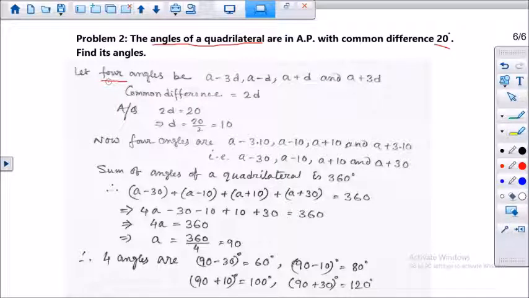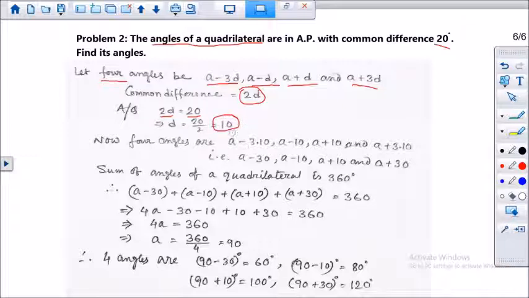If any 4 terms are in AP, we can take the terms in this form. We have taken the 4 angles as a minus 3d, a minus d, a plus d and a plus 3d. Here the common difference is 2d. So as per the question, we get 2d equals 20. So obviously d is 10.